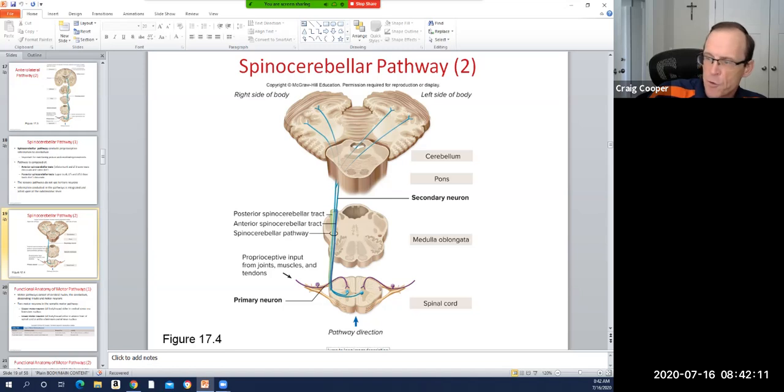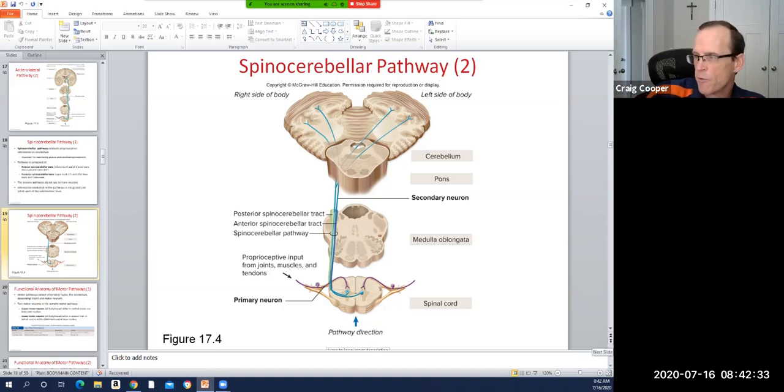But we only have the 2 neurons, and they're both down kind of low. Again, these aren't going all the way up to the cerebral cortex where we're going to acknowledge and recognize where that sensation is coming from. It's just going straight to the cerebellum. And then the cerebellum is going to have additional connections up to the cerebrum to try and influence the motor plan that we're going to execute.